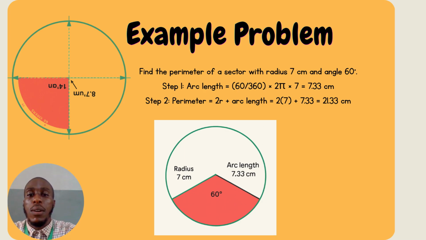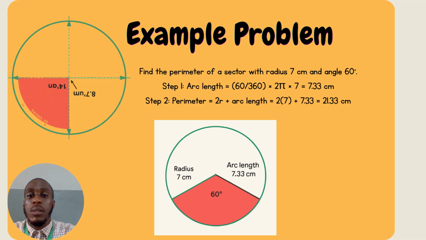And then the second step is to find the perimeter. That is, you add up the arc length plus twice the radius. That is 2r, which is 2 times the radius, plus the arc length, which has already been calculated at 7.33.